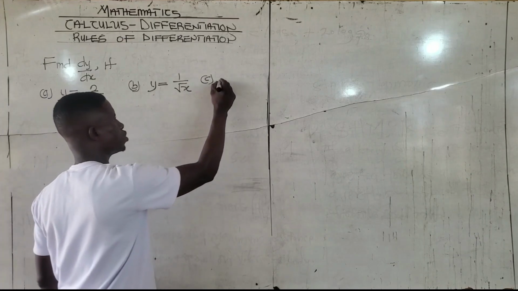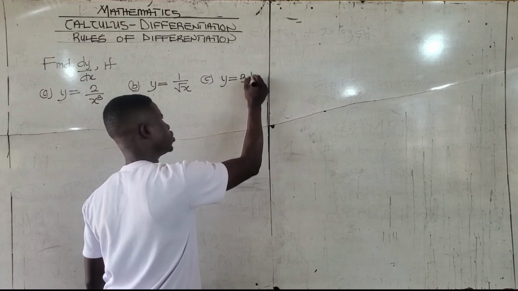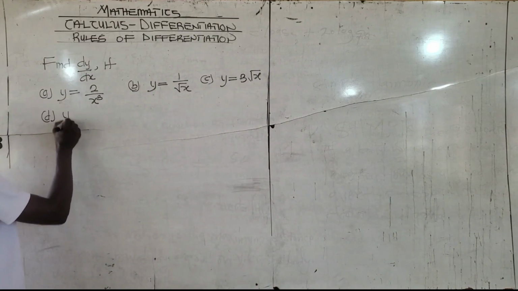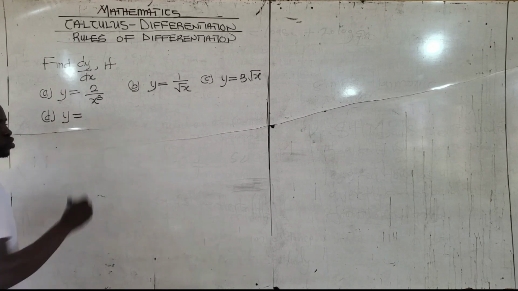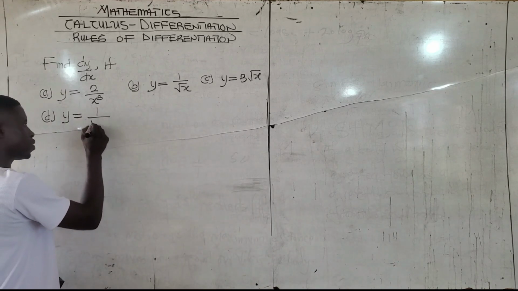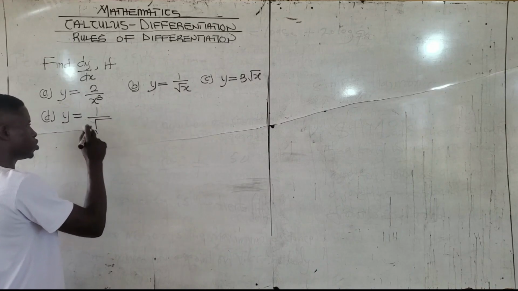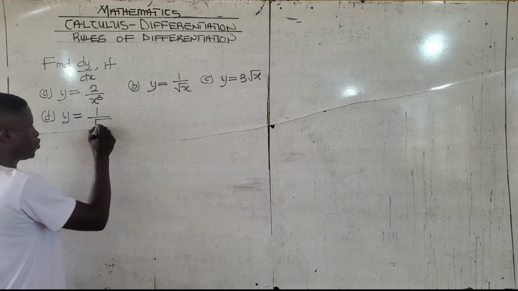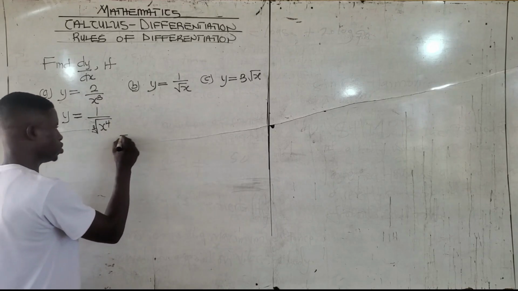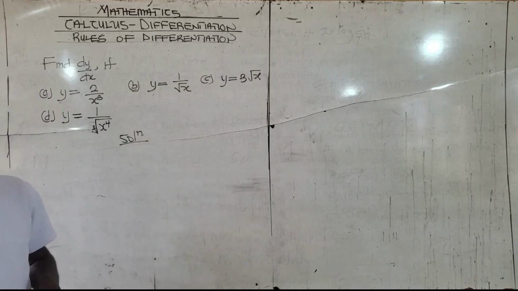C, y equals 3 root of x. Then the last one, D, y equals 1 over cubic root of x to the power 4. Cubic root of x to the power 4. So let's see how to solve these questions.